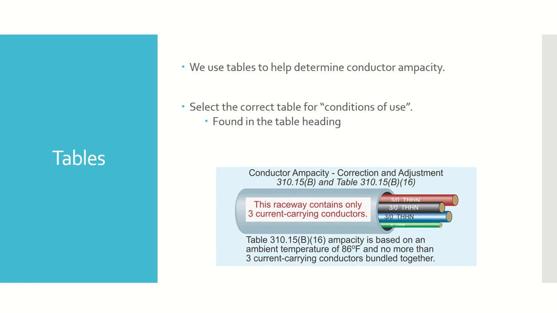So at 86 degrees Fahrenheit, all the ampacities of these conductors are listed on this chart here. But anytime we get outside of that 86 degrees or have more than 3 current carrying conductors, we need to do one of 2 or maybe both adjustment and correction factors, where we actually derate or lower the amount of current that this cable can handle.